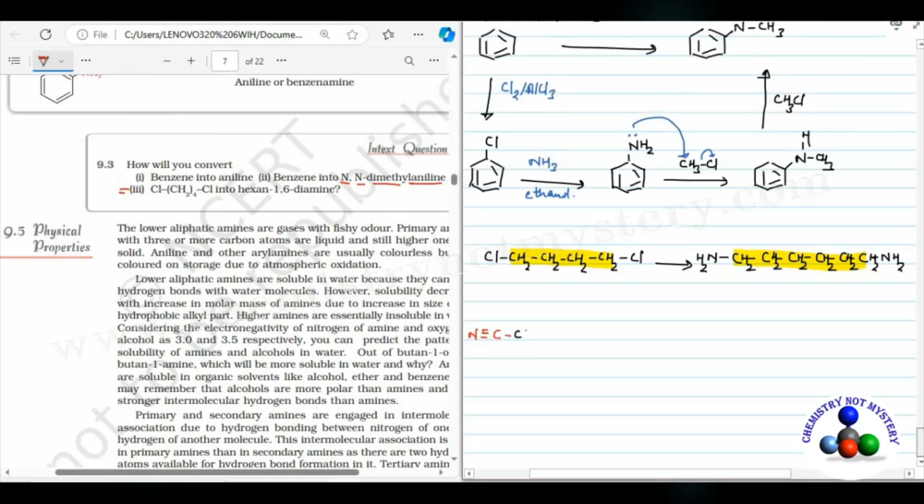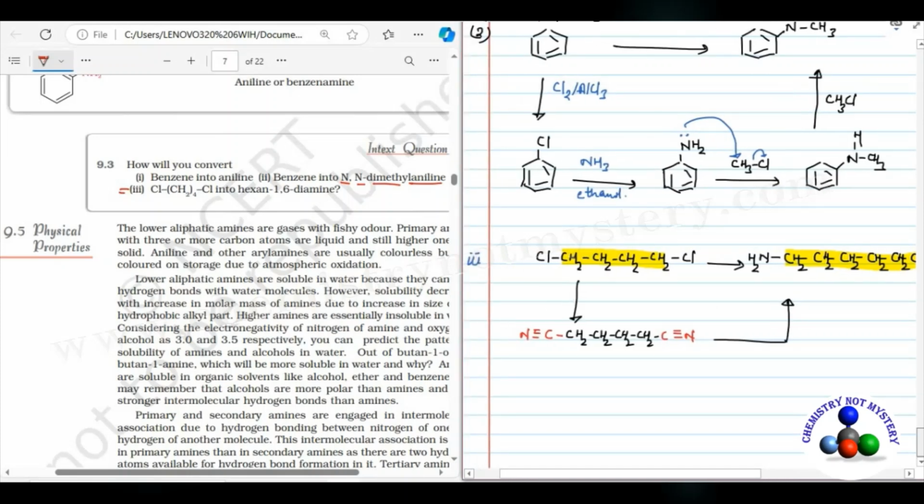So here this is CH2, CH2, CH2, CH2 and on this side also we have to add one nitrile. And then after the reduction of this nitrile you can get hexane-1,6-diamine.